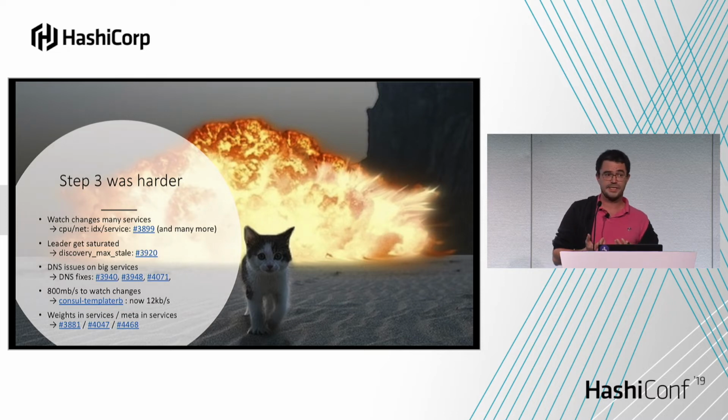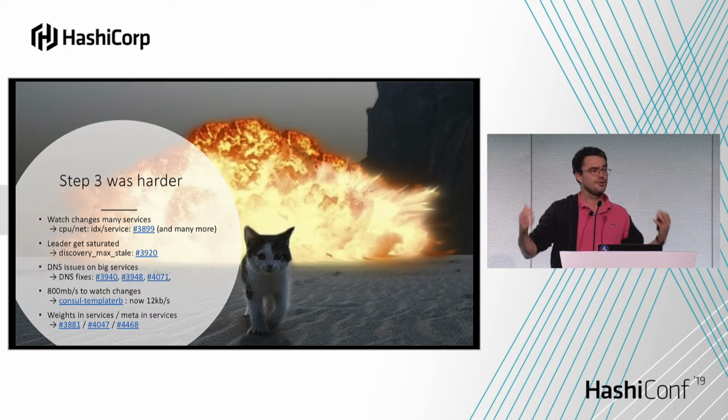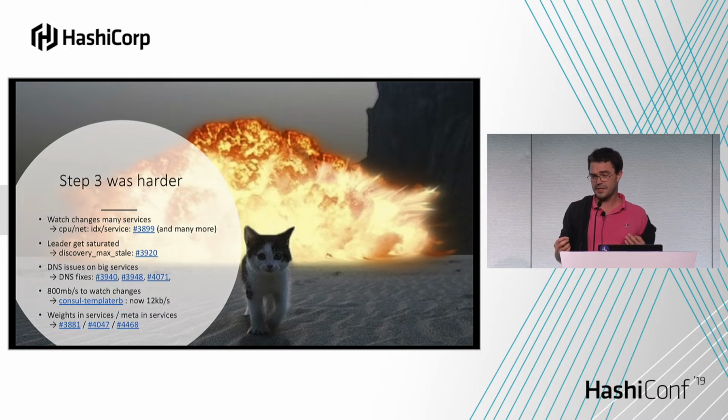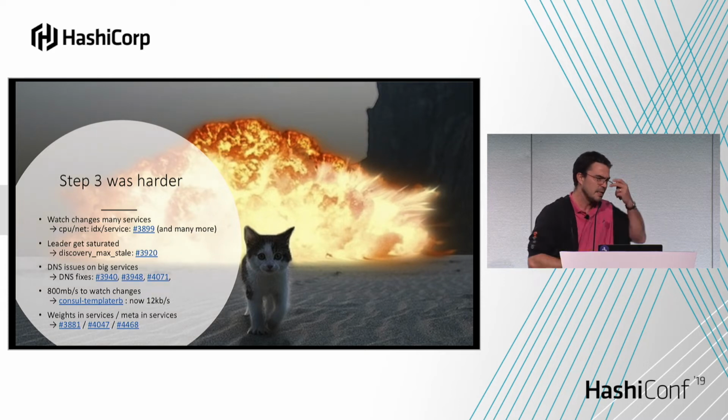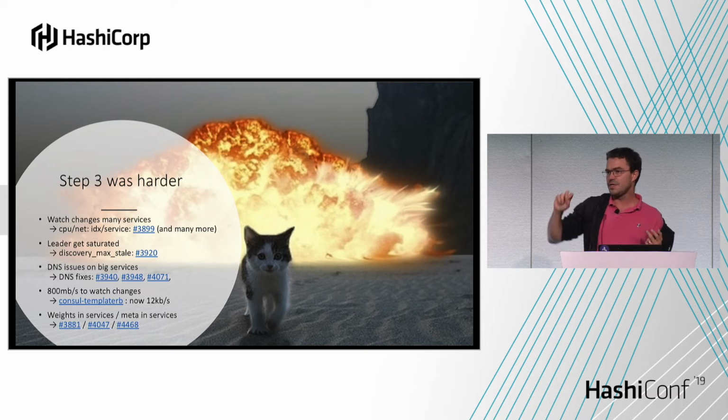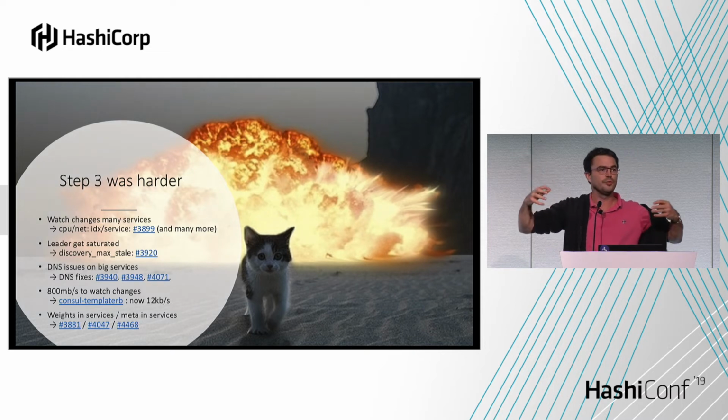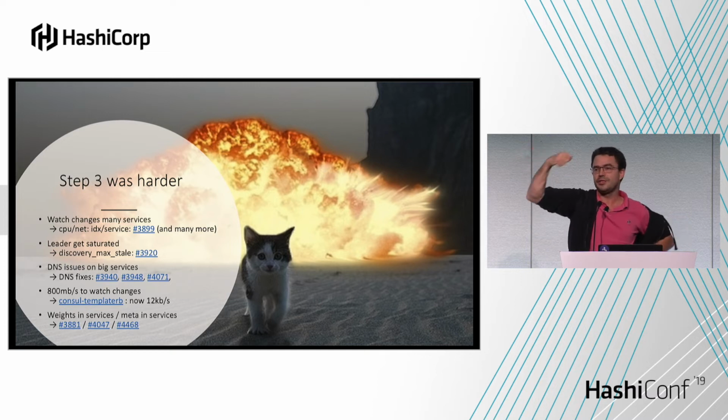We had issues with DNS as well because we had pretty large services with several hundreds of instances per service. So we had lots of issues with DNS, truncation, stuff like that. Another big issue was that everybody was watching, and Consul is known to be consistent by default. So if you don't say you're not interested in being very consistent, then every time you watch, you hit only the leader.